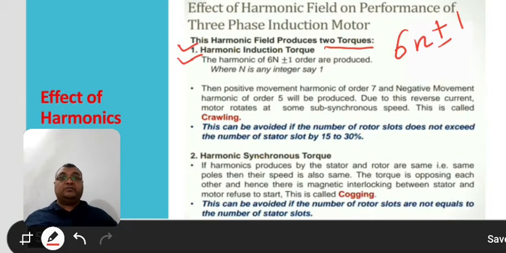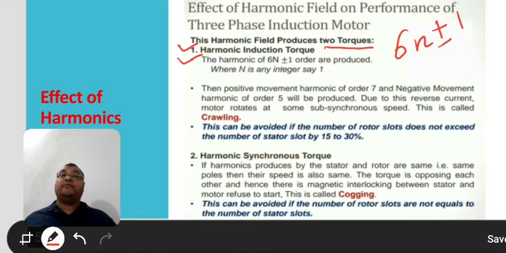Okay, so if n becomes equal to 1, then the harmonic of order 6 plus 1 is the harmonic of order 7, or 6 minus 1, the harmonic of order 5.